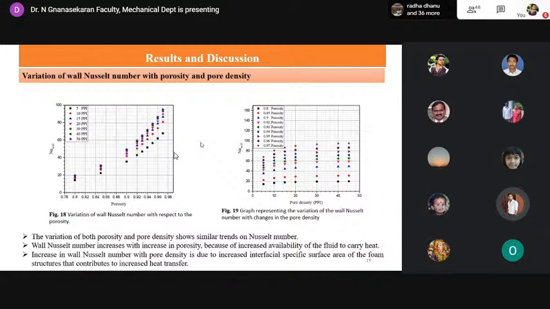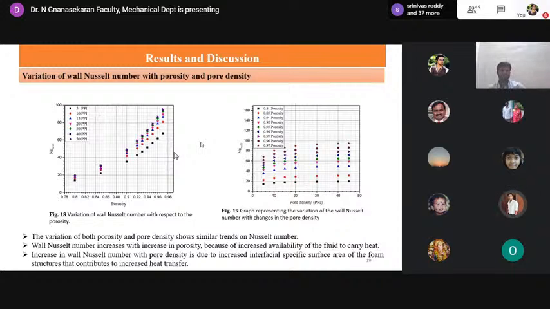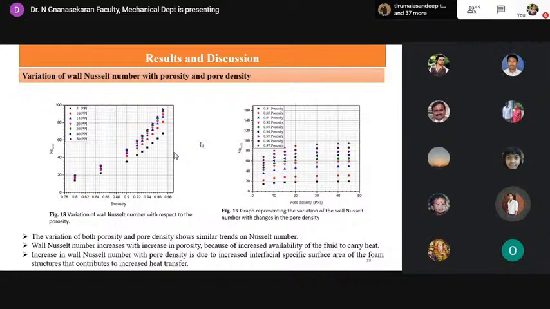And even if you see the wall Nusselt number, you could see an increasing trend for the porosity and the pore density. So Nusselt number increases with increase in porosity because of the increased availability of fluid to carry heat.